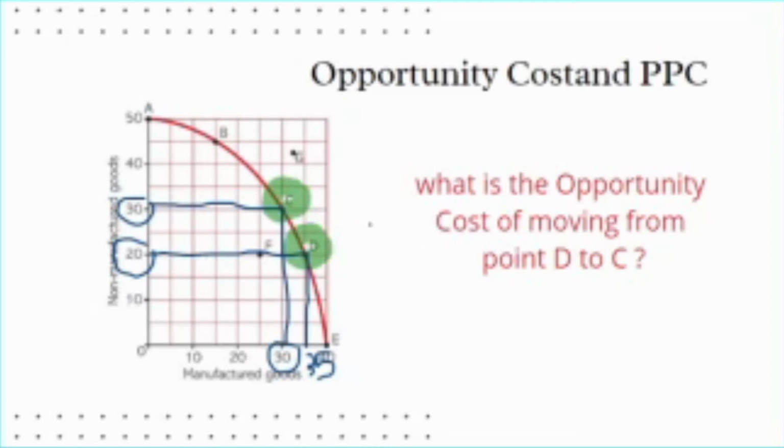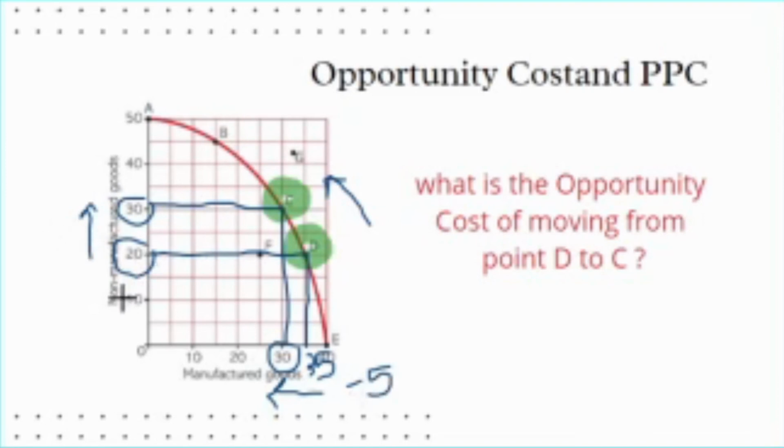We are moving from point D to C. So that means we are moving from 35 to 30 units of manufactured goods. But here, 20 to 30 units of non-manufactured goods. So 35 to 30, the answer is minus 5.